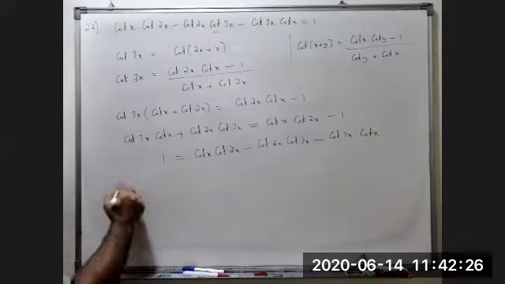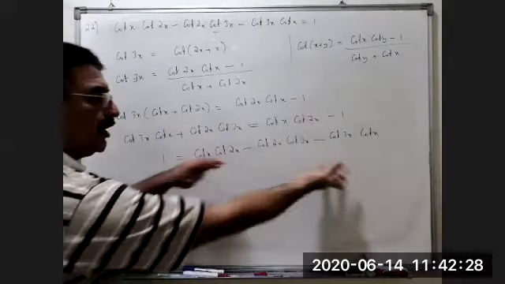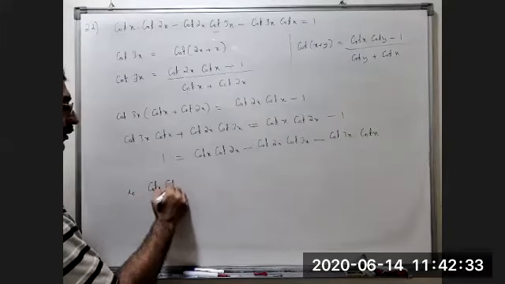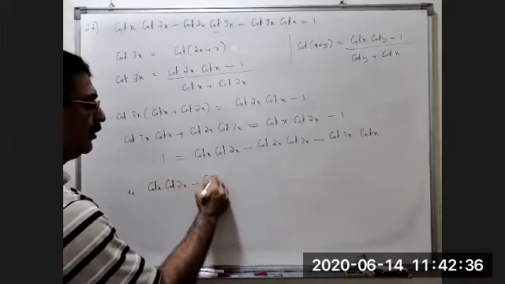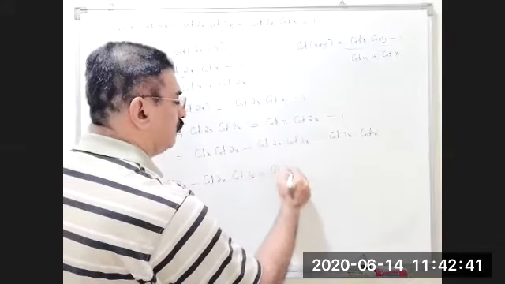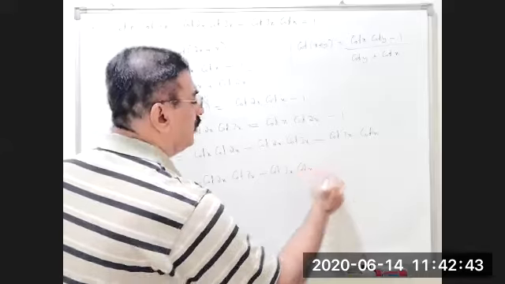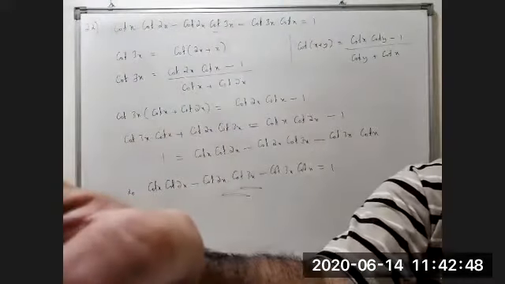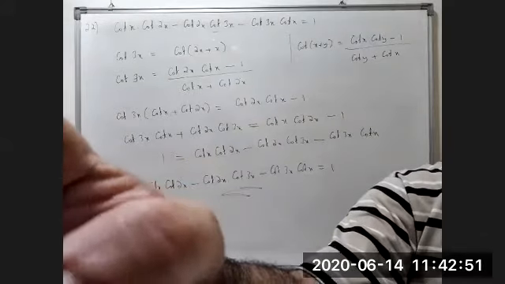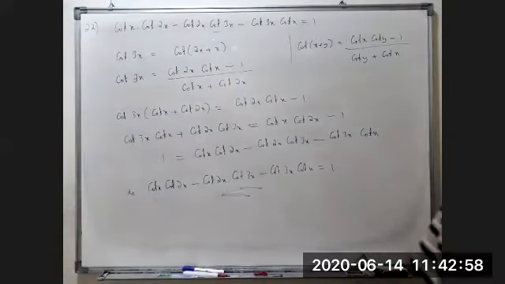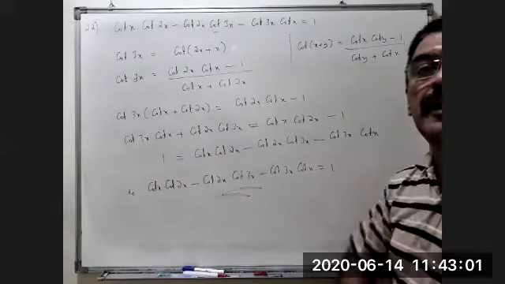So we got A is equal to B. Now write in reverse order: cot x cot 2x minus cot 2x cot 3x minus cot 3x cot x is equal to 1. We got the answer directly. So see that this question is typical. Here we didn't take one side, simplify it and get the other one.